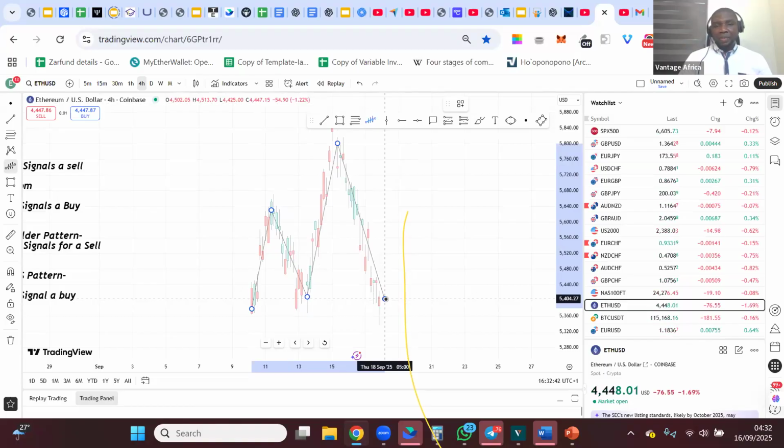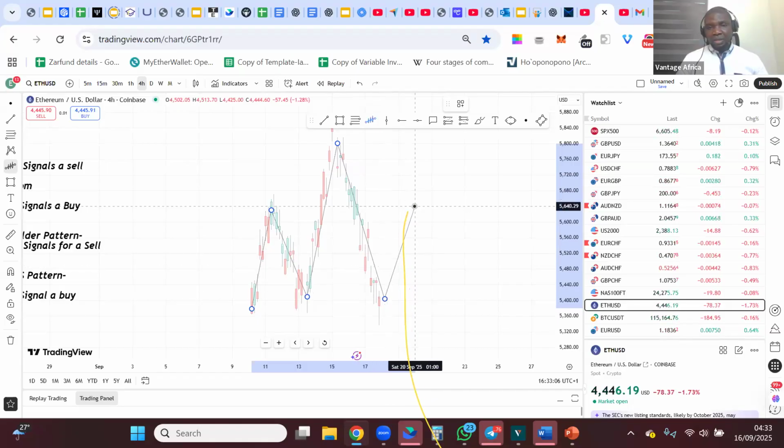Then guess what? Look at the left. This is the left shoulder, the left side of the market. Then the top there is what we call the head. When you can see a left shoulder and a head, that gives you a signal that probably a right shoulder is about to form.